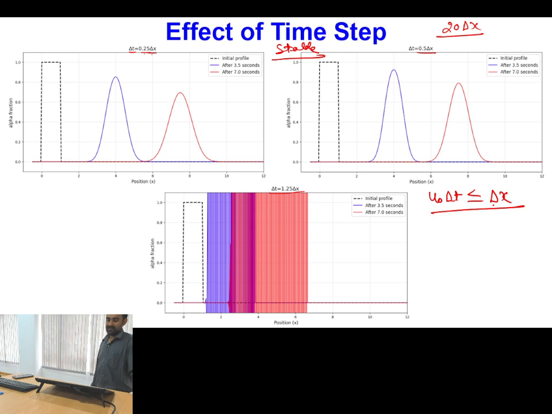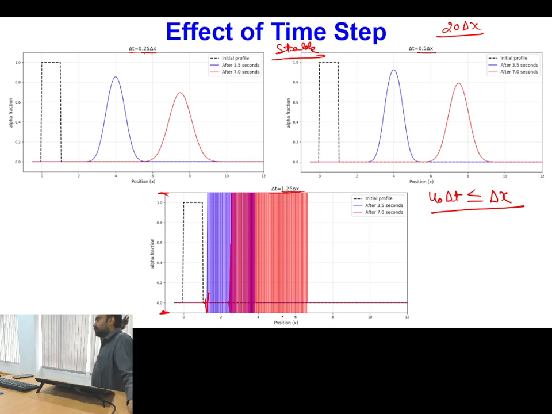I mentioned this because you can see that when I maintained delta t equal to 1.25 into delta x, look at what the solution is. Here the solution is actually oscillatory, and of course I have not changed the bounds, but it is going out of the bounds of the volume fraction value.